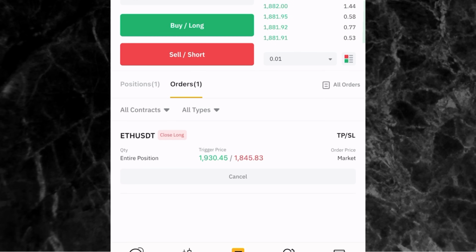Don't forget, I set the take profit and stop loss by trigger by P&L, which for take profit is $50, for stop loss is $40. That means that if this trade gets to 1,930 USDT, I'll be making 50 USDT as profit. And if it goes down to 1,845, I'll be losing $40. So you need to take note of that.